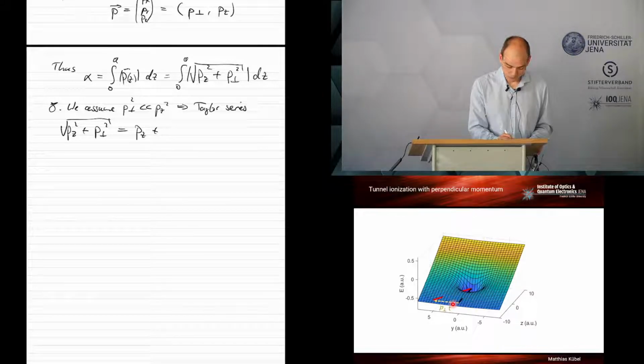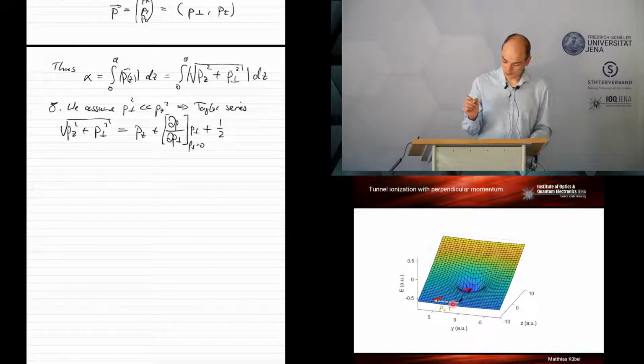And now we need the first order term, dp over dp perpendicular at p perpendicular equals 0, times p perpendicular, of course.